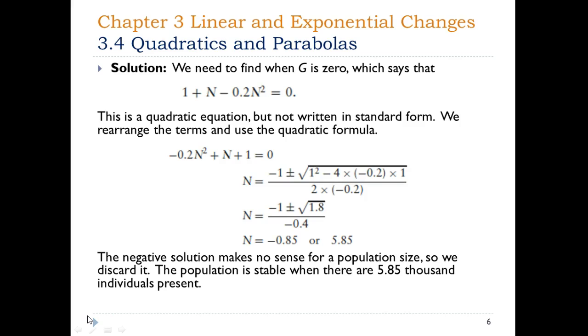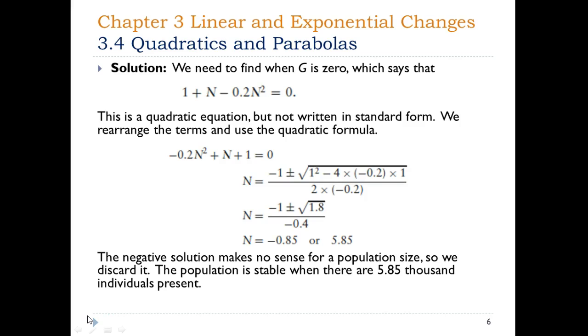Negative 2/10 n squared plus n plus 1 is equal to 0. n is equal to negative 1 plus or minus the square root of 1 squared minus 4 times negative 2/10 times 1, divided by 2 times negative 2/10. Notice that here a is negative 2/10, b is 1, and c is 1.